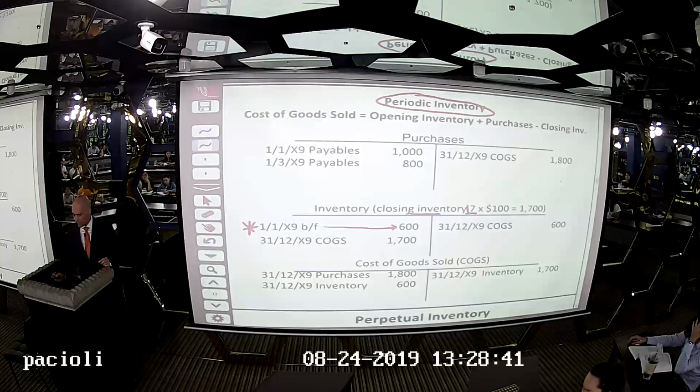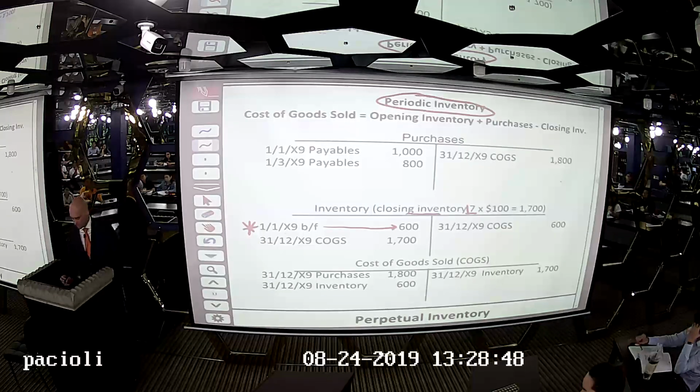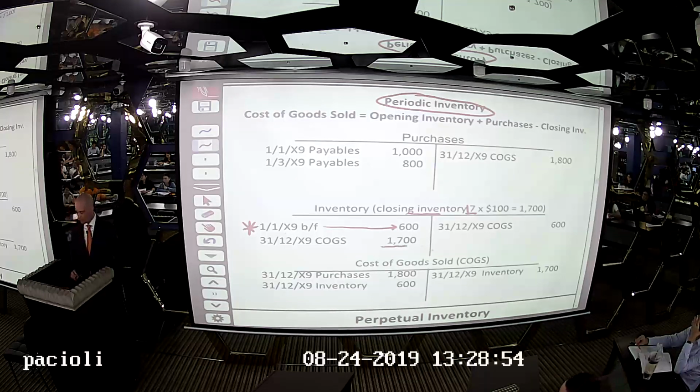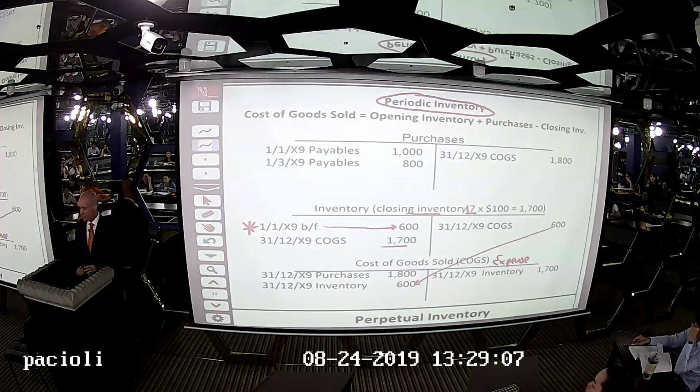So what we're going to do is, first of all, we're going to record the closing inventory. And we debit inventory 1,600. And the opening inventory is transferred to cost of goods sold. And cost of goods sold is an expense. So we're assuming that the inventory from the beginning of the year, we sold it.